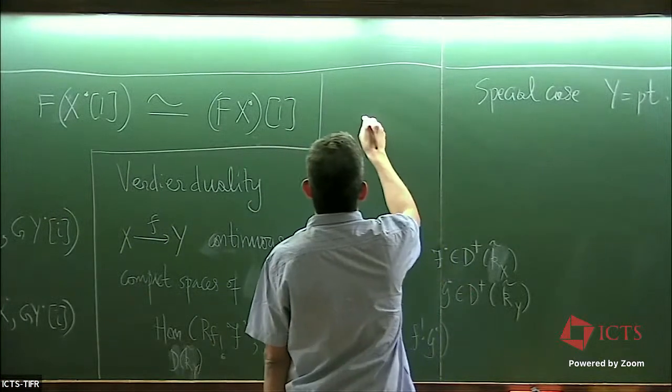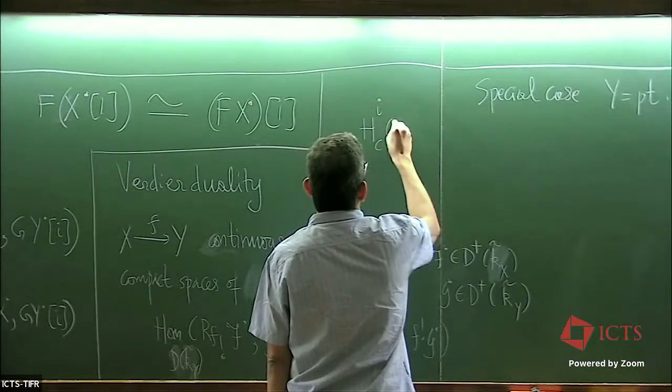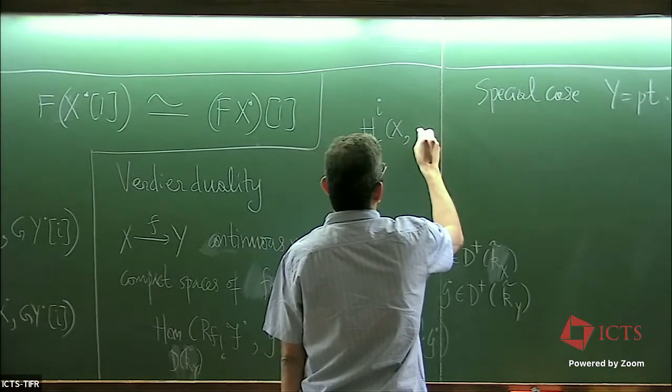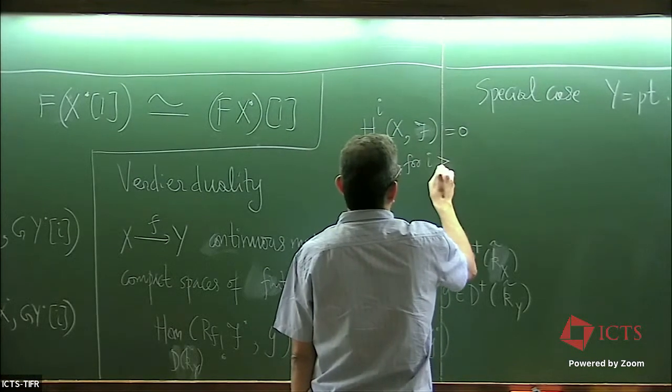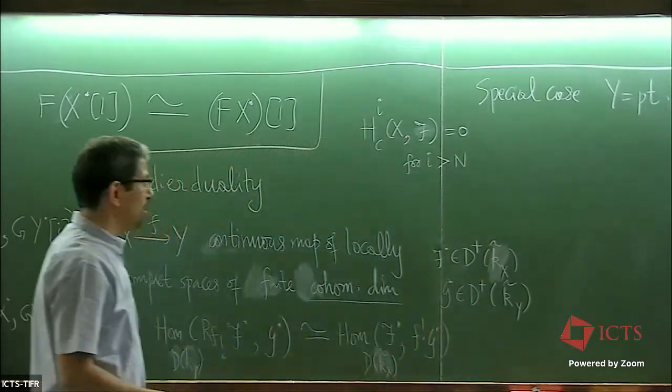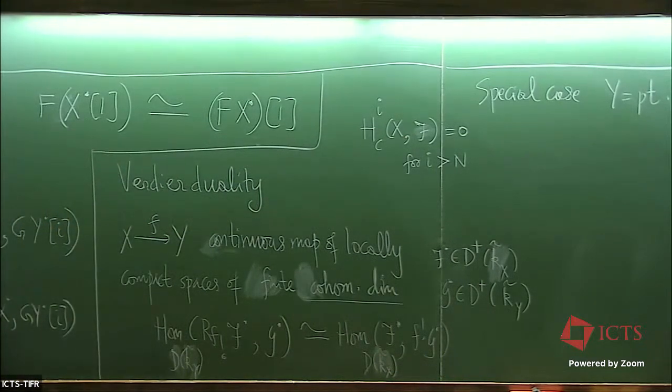So let me remind you, I use the word finite cohomological dimension, and finite cohomological dimension means that the cohomology with compact support, H^i_c(X), is 0 for i greater than some number. And the smallest such number is the cohomological dimension.